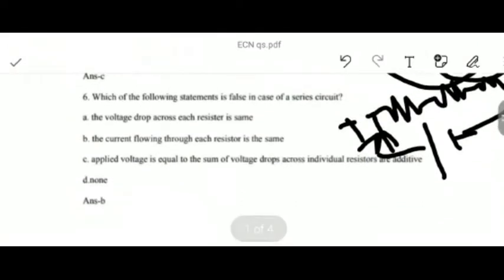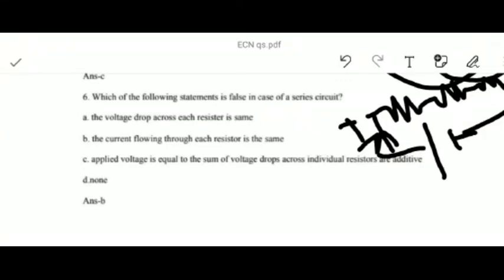Now in the sixth question, which of the following statements is false in case of a series circuit? The options are: the voltage drop across each resistor is same, the current flowing through each resistor is same, applied voltage is equal to the sum of voltage drops across individual resistors, and D is none.